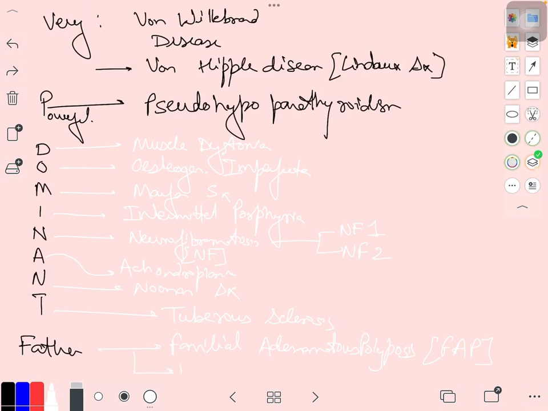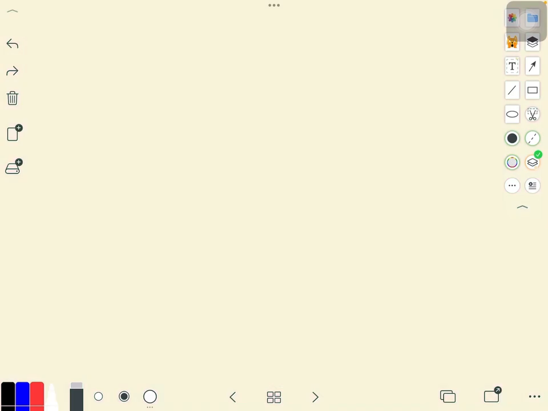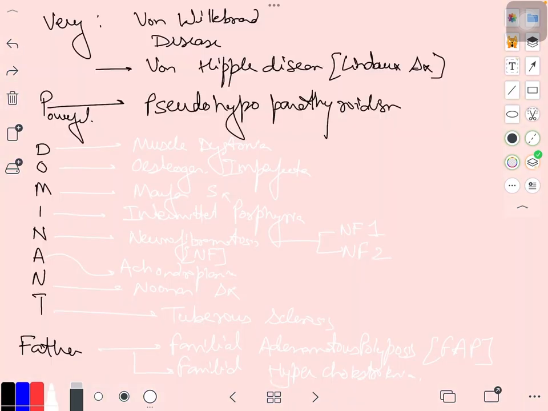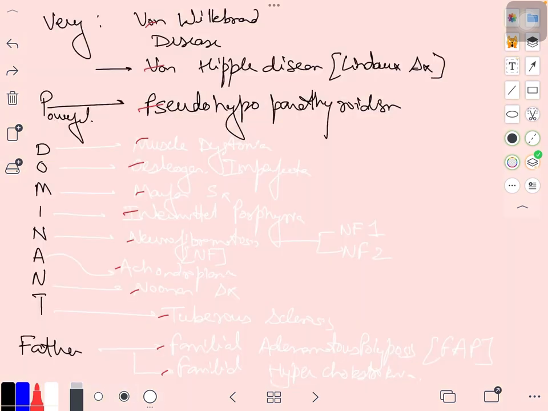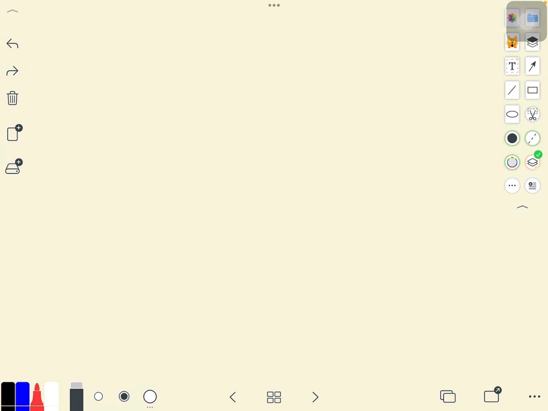The next is familial hypercholesterolemia. Now, how many diseases are there? Let's count. 1, 2, 3, 4, 5, 6, 7, 8, 9, 10, 11, 12, 13, 14, 15, 16, 17, 18, 19, 20. I know you guys will get tired of learning 20, so we'll cut down a few of them and only study the major ones.